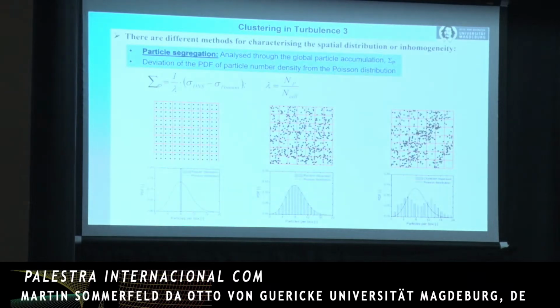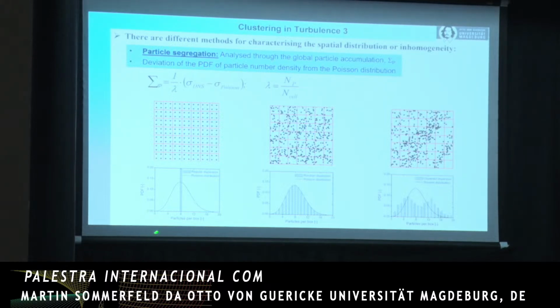So what happens now is you need to quantify the degree of accumulation, and that's done here. There are very different methods, Born-Noy function and others, but we just use here the particle segregation parameter, where you compare the RMS value of the spatial particle distribution with the Poisson distribution.